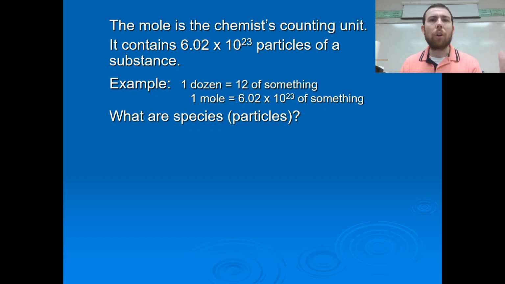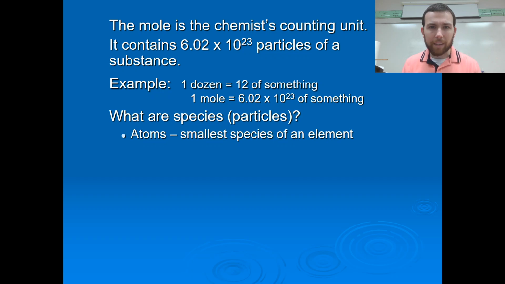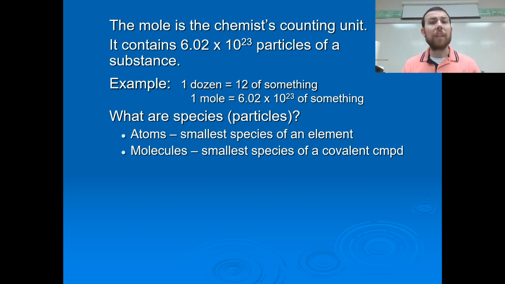Now, what are these species or particles that I'm talking about? We've got atoms, which are going to be our smallest species of an element, right? Those are specific to elements. So those are going to be things that are found directly on the periodic table. You've got molecules. So this is the smallest component of a covalent compound.